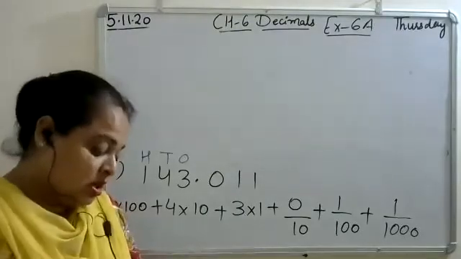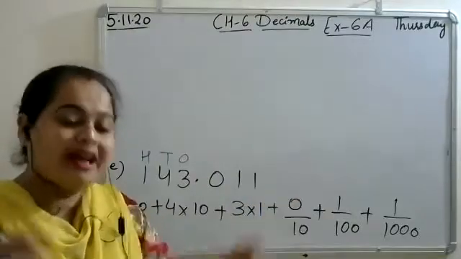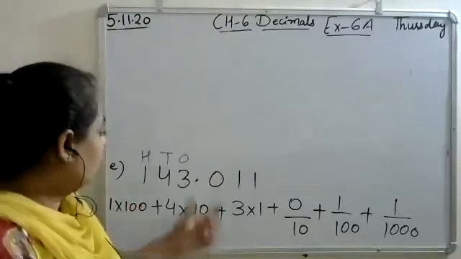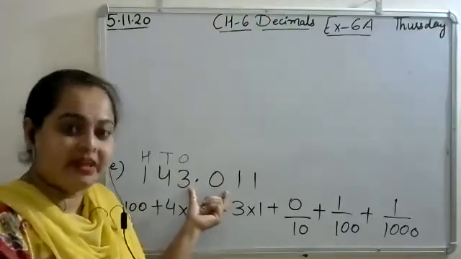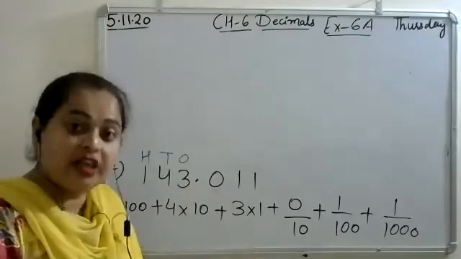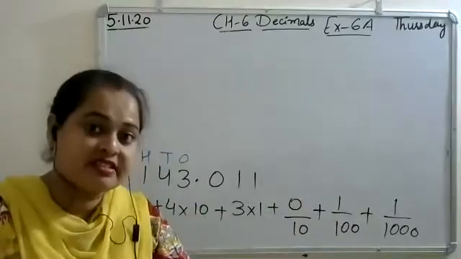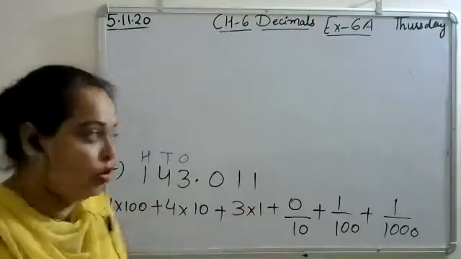Look, in the second question, expanded form is given to you and the question is to write in decimal. In the first question, decimal is given and the question is to write in expanded form. And in the second question, open form is given, means look, open with plus, expanded form is given and the question is to write in the short form.